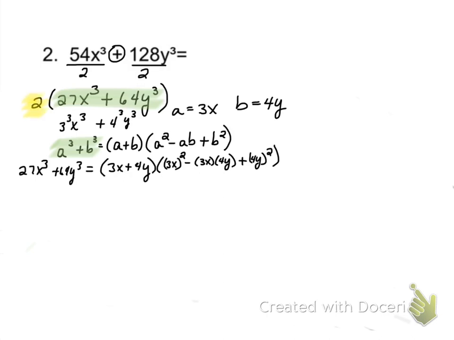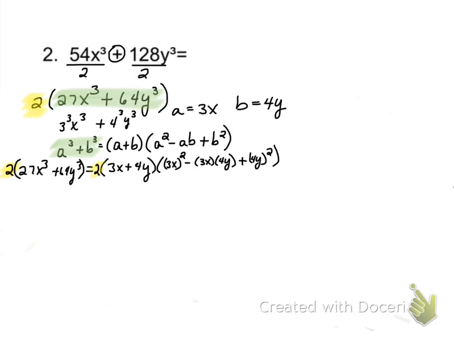That's going to have to come down into our final answer. So the answer for the whole thing, we're going to end up having to have a 2 here and a 2 here if we're going to write this final answer, okay? Because we can't leave that 2 out. We factored that out to start with.